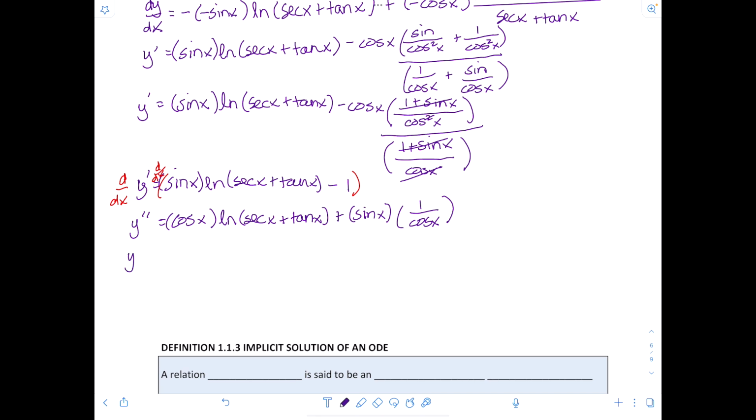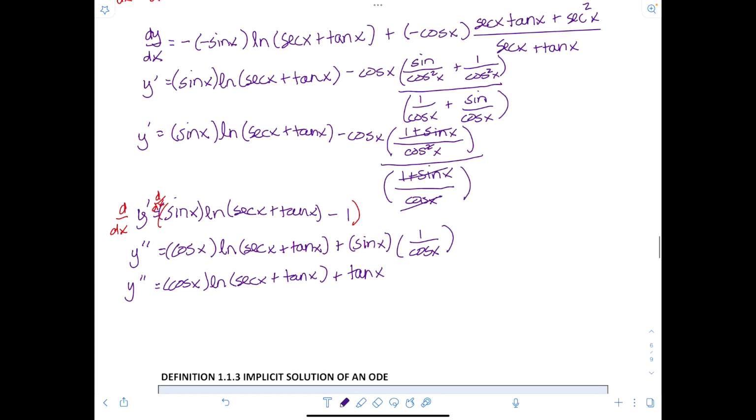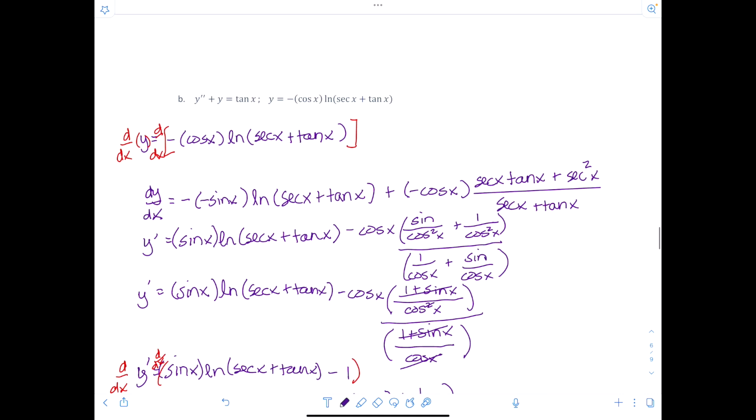So y double prime is cosine x times natural log of secant x plus tangent x plus sine x over cosine x, which is tangent x. Groovy?